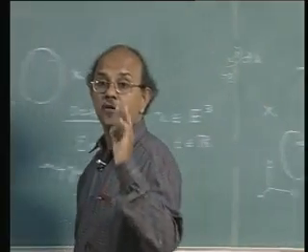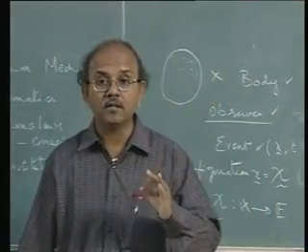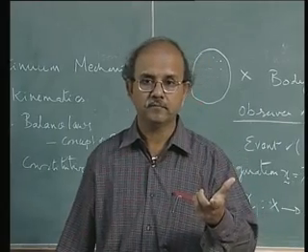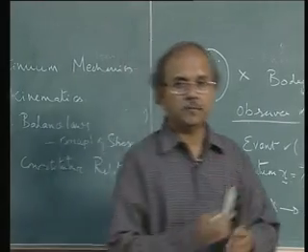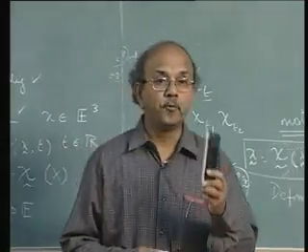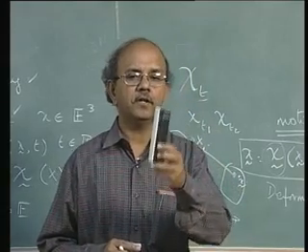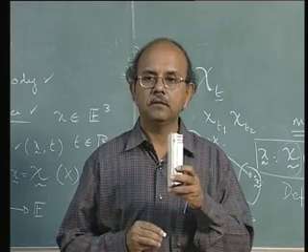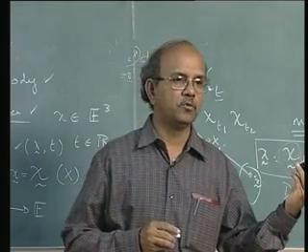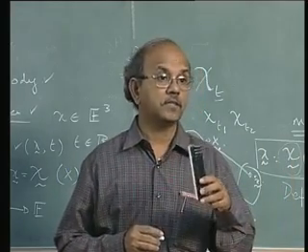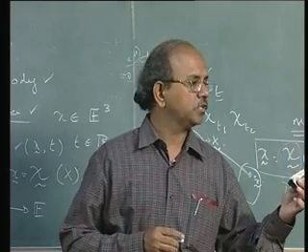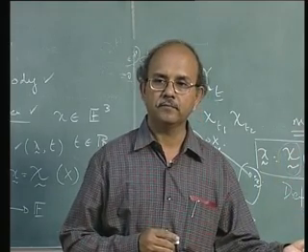Note that configuration is one which is associated with points of the body. That means it is not very definite. Now I have a body, I have a point here, and I see how this body moves. Not necessarily should it deform. When I study this, I'm studying the configuration of the body.